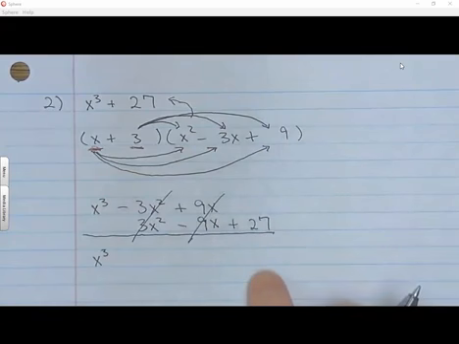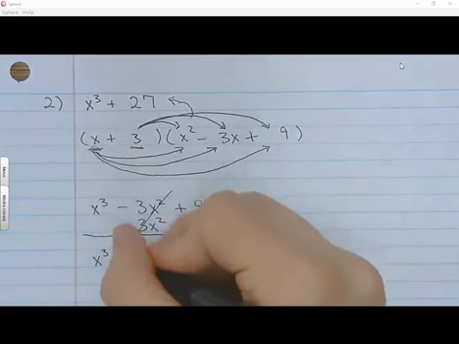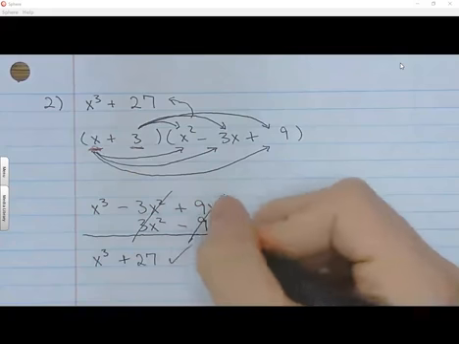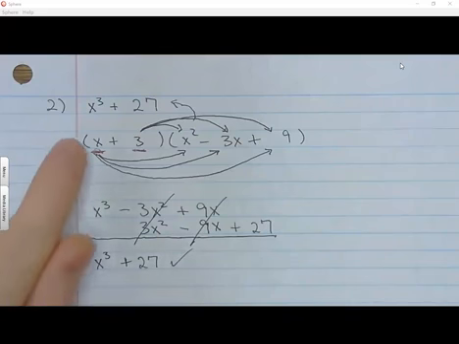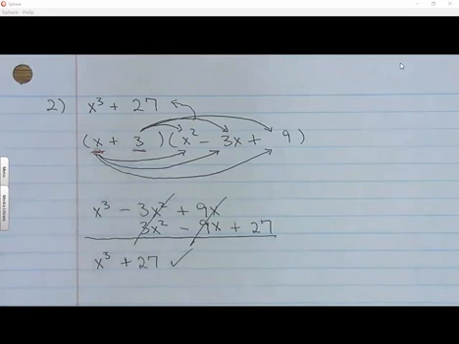And the 27 gets brought down. Okay? So that's a quick and easy way to check your answer. You should be getting the same thing that you started off with, right? The x cubed plus 27. Okay? Let's do one more like that, and I'll let you guys go.